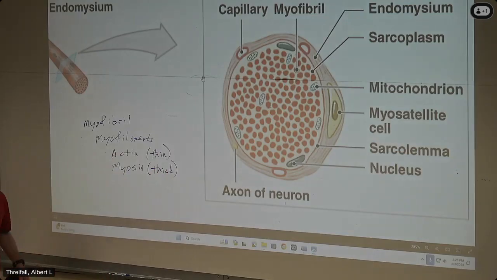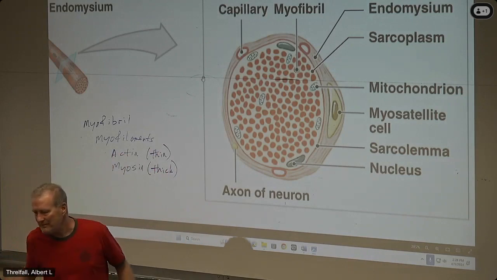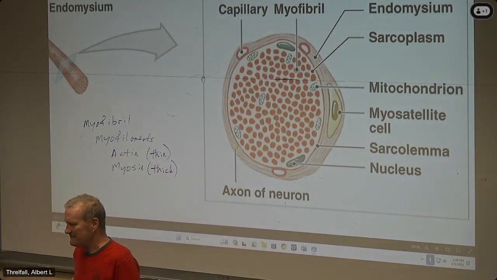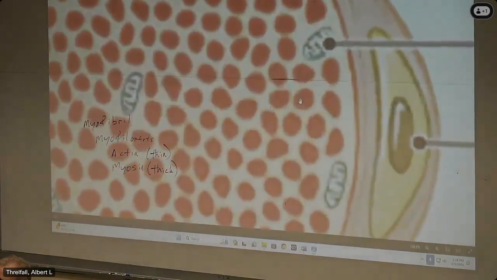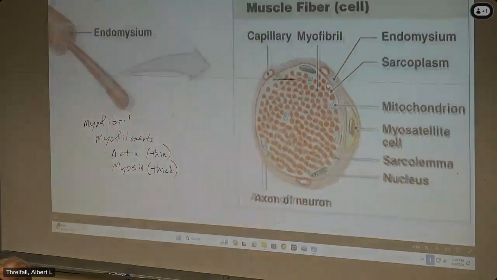And what we need is a different picture. More magnification. I mean, this gives us more magnification, but we don't have the resolution to see subdivisions of the myofibrils.